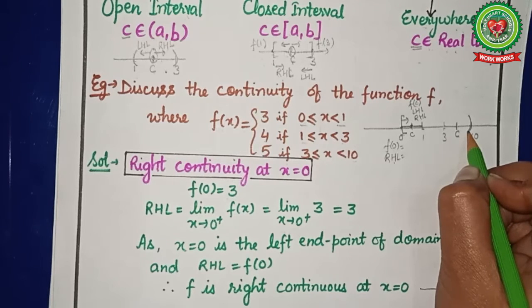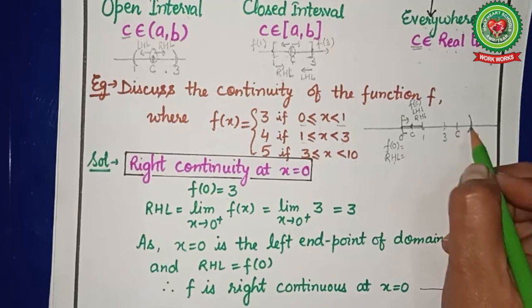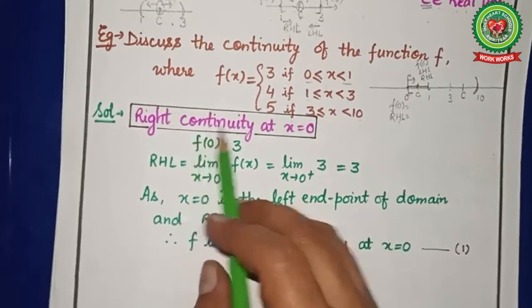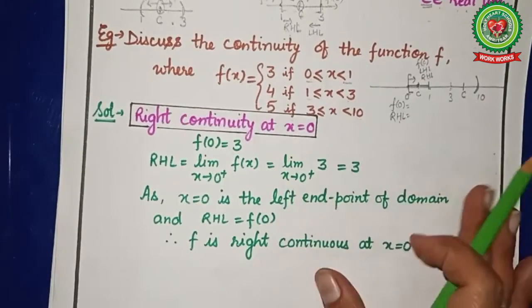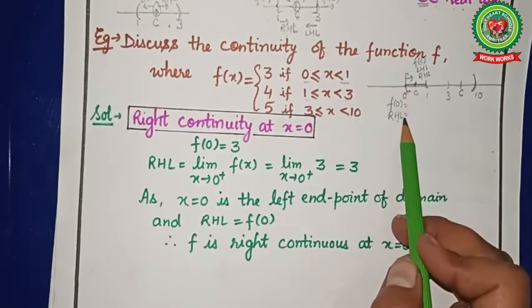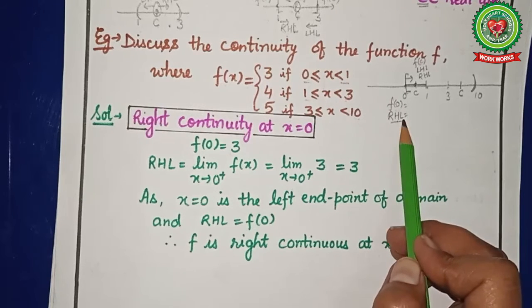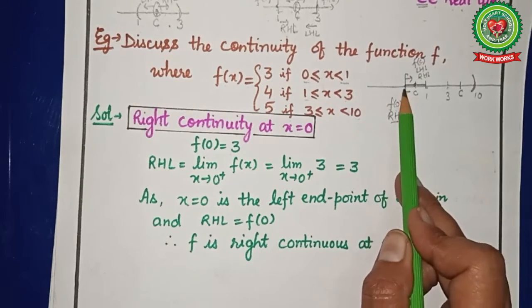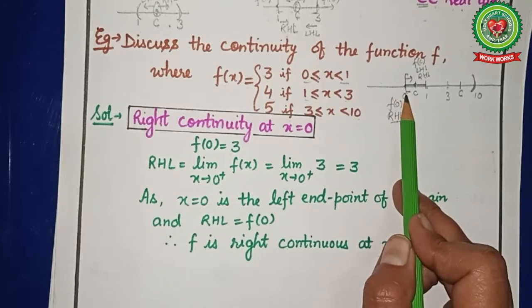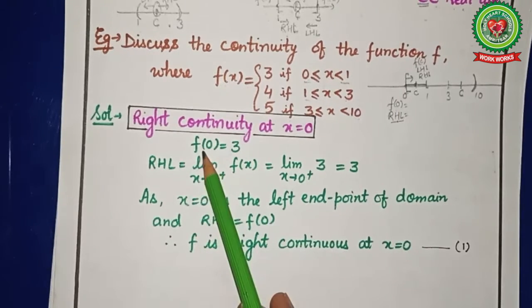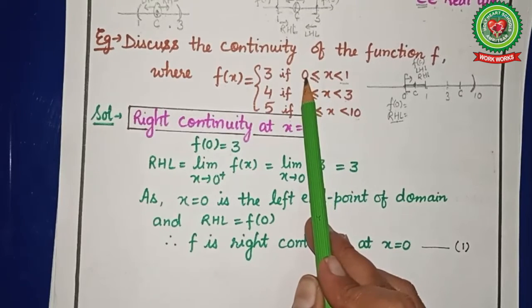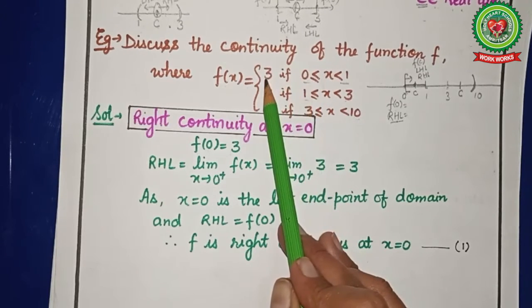So it is a long question. Let's start with its first part. Firstly, write continuity at x equal to 0. You can see that at x equal to 0 only right continuity is possible. We will not check the left because the interval is starting from 0. So here, firstly f of 0: at x equal to 0, the value of the function is 3.